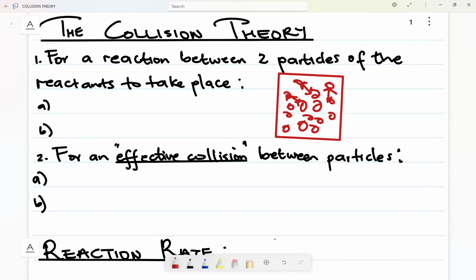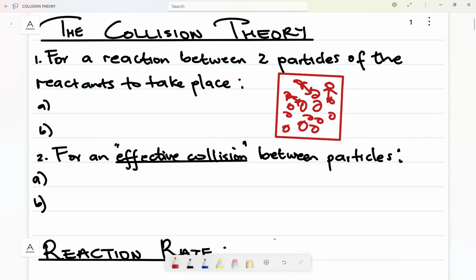But the most important part is that they are not supposed to just collide. They should collide effectively, such that they produce an outcome that is going to be beneficial for us. They should collide, and the collision has to be effective. It should be an effective collision that gives us the results that we are looking for.